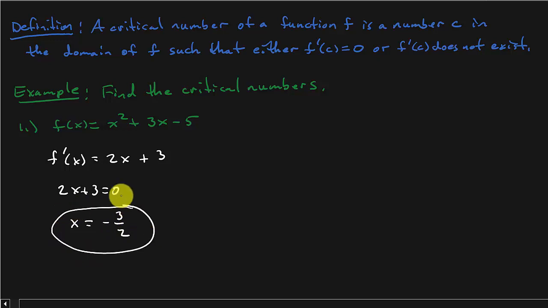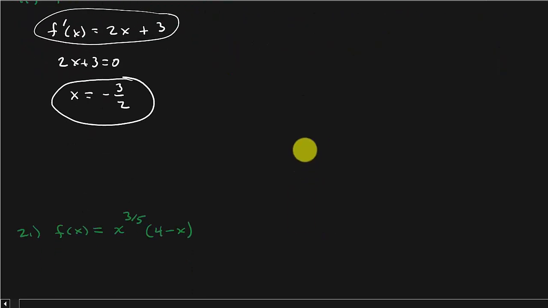There's my critical number. Is this undefined anywhere? No, it's 2x plus 3. It's defined everywhere. But where the derivative does not exist, that can be a critical number also.